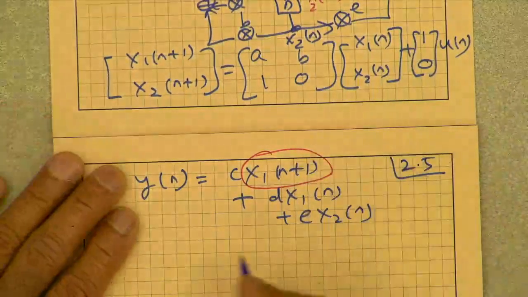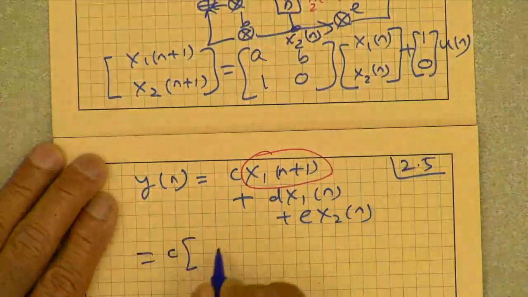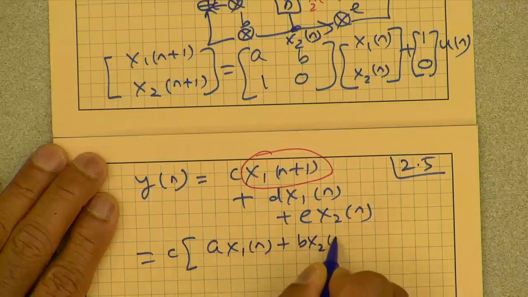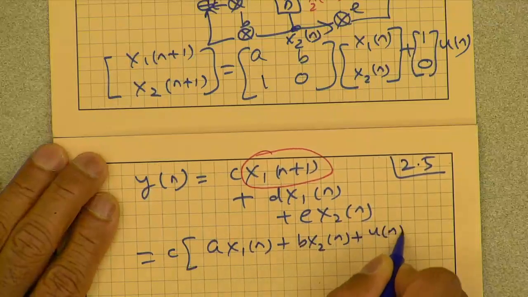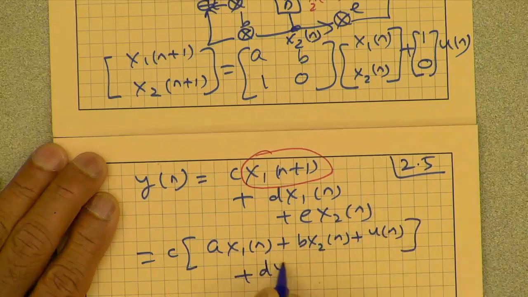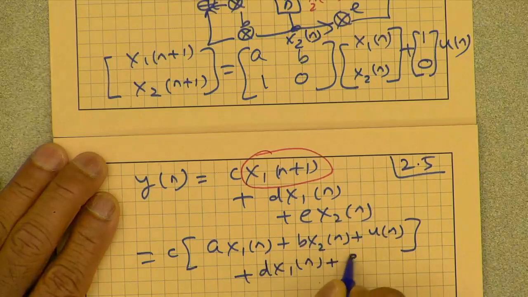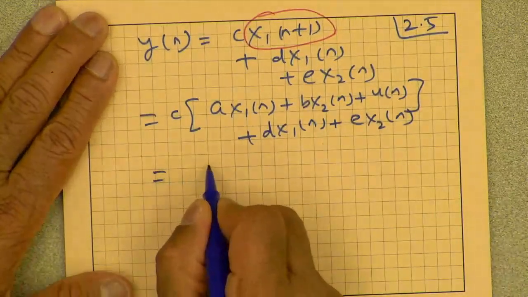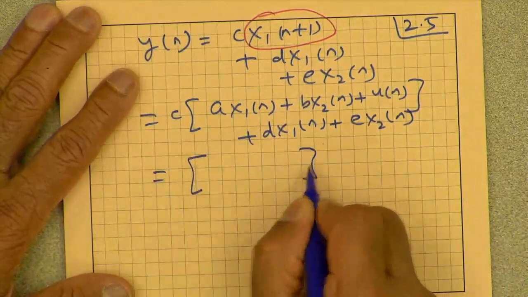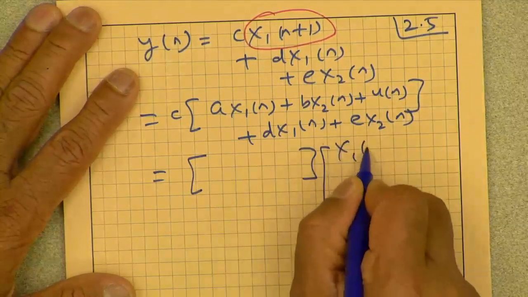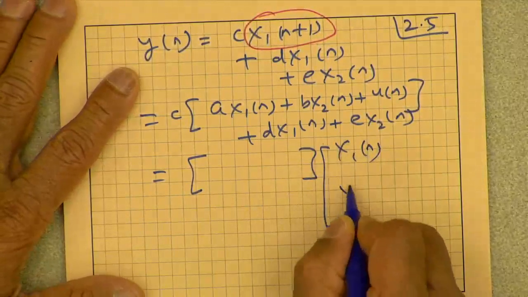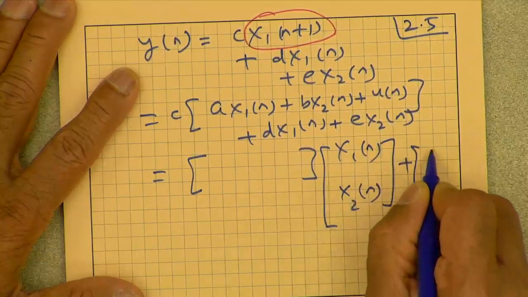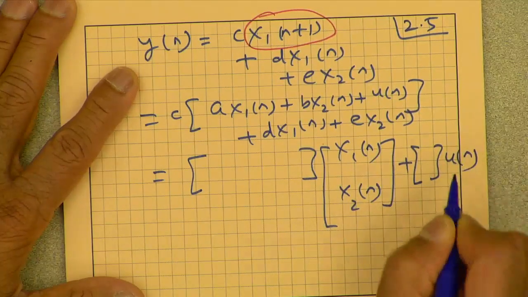If I substitute that, this will be C times A x1 n plus B x2 n plus input u n, plus D x1 n plus E x2 n, and that is equal to C transpose times the state vector plus some quantity times the input u.